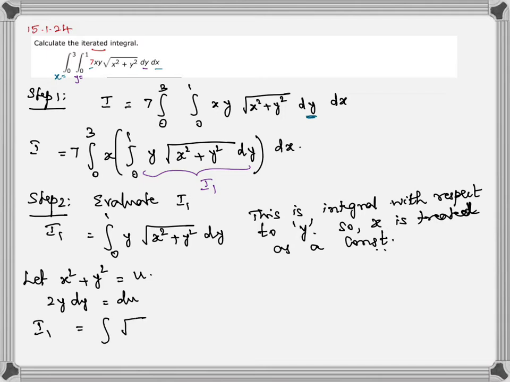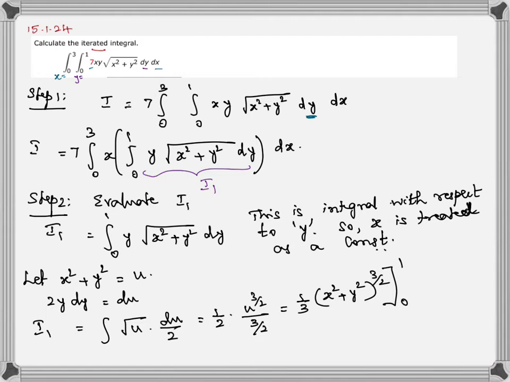This will mean integral I1 is the integral of the square root of u du over 2. This will be 1/2 times u to the power 3/2 over 3/2. You will get 1/3 times x squared plus y squared to the power 3/2. But this has to be evaluated between the limits 0 and 1.